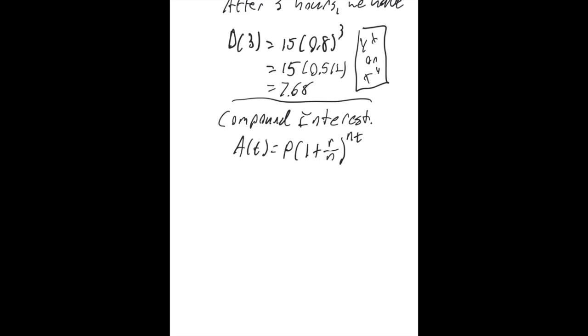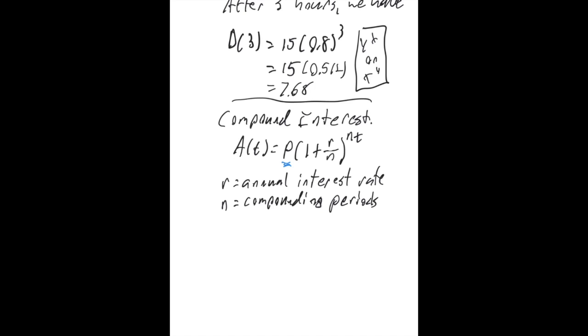In this formula, the P is going to be an amount of money that you invest. The R, similar to before, is going to be an annual interest rate. So R equals annual interest rate. The N is going to be what are called compounding periods per year.